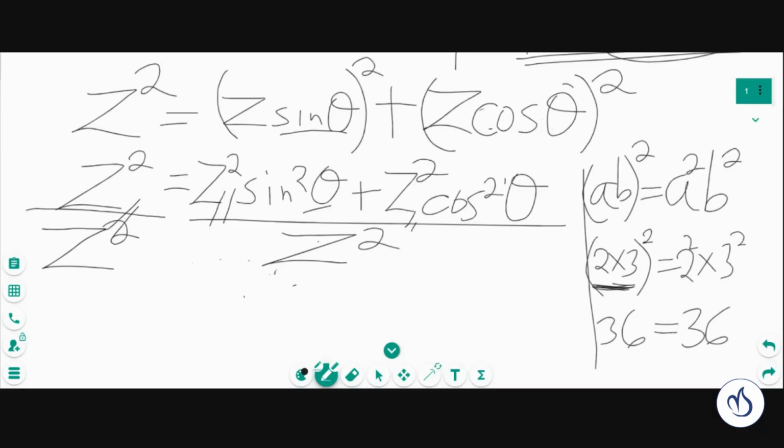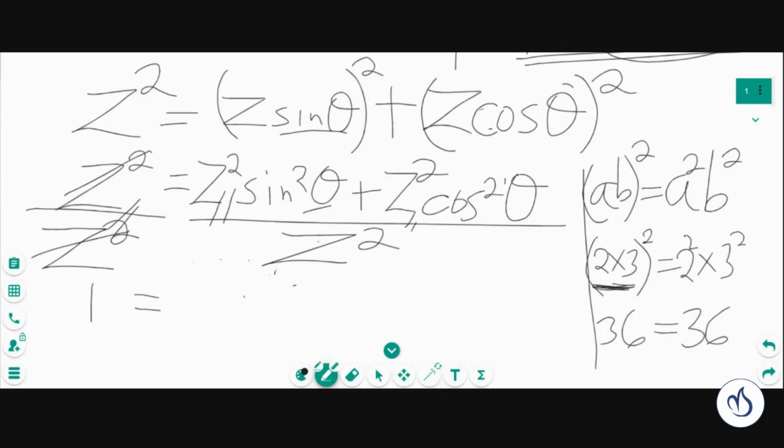When I divide by Z squared on both sides, that Z will disappear. So Z squared will go with Z squared, and I remain with 1. Some students, when they cancel out like that, they put a 0. No, it's a 1. Like you remained with 1, even here down 1. And 1 over 1 is simply 1.